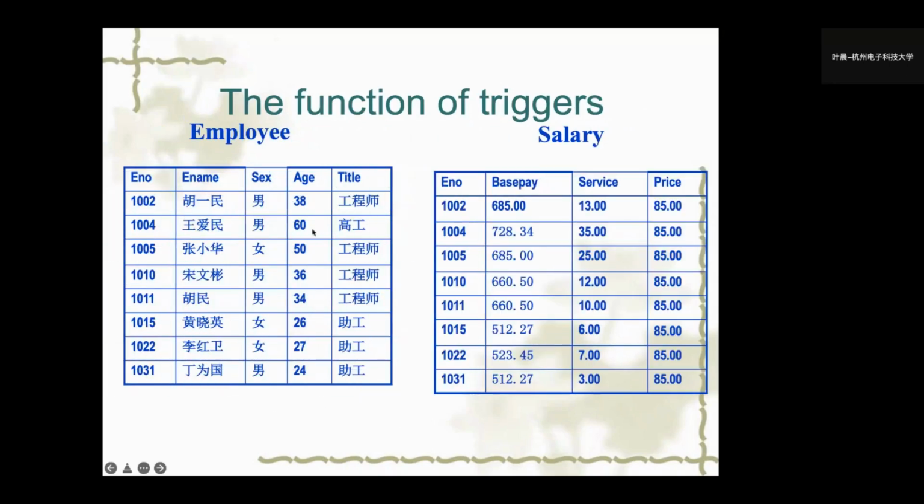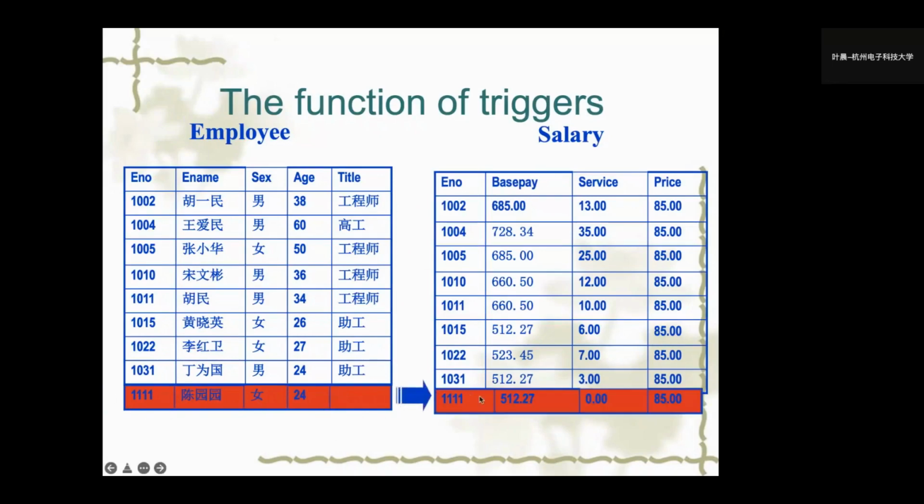Suppose we have these two tables, and we want to insert a new tuple like this, and we have a new tuple of the salary corresponding to this new record.